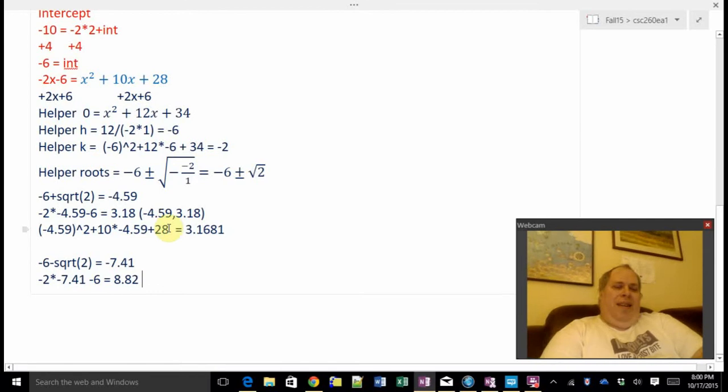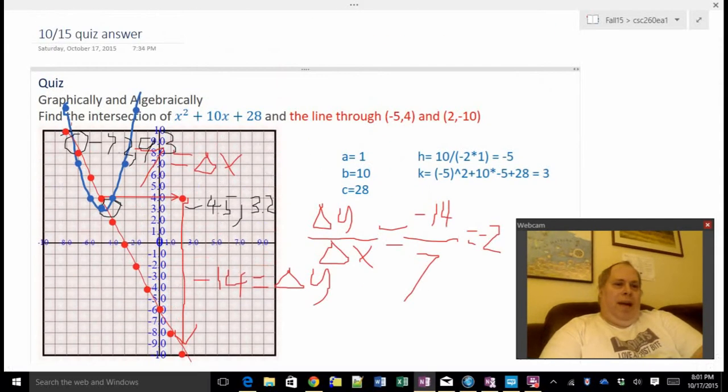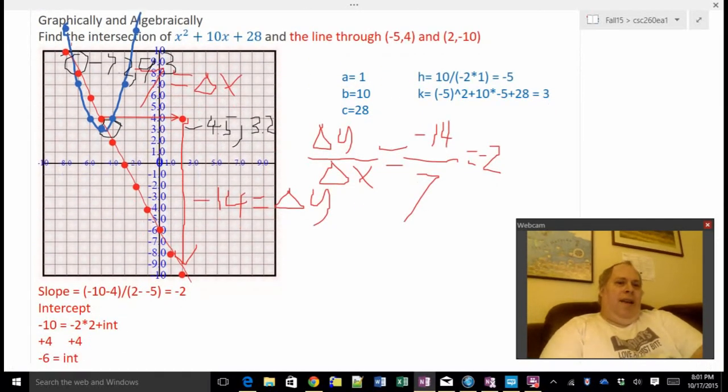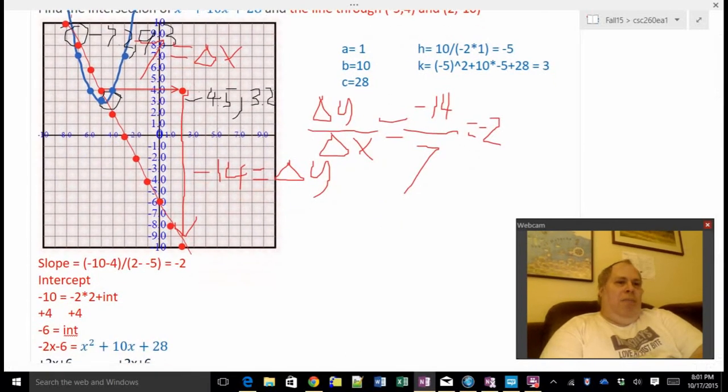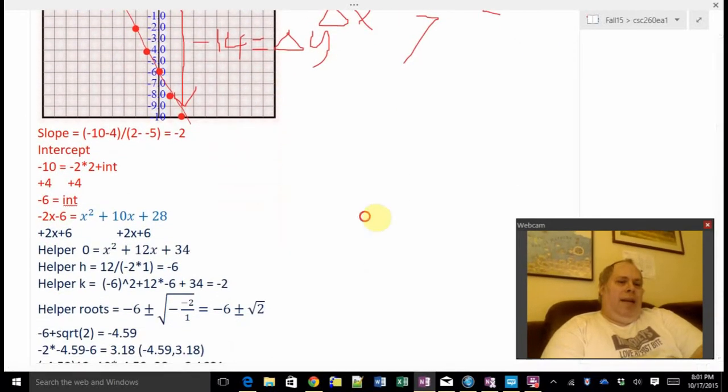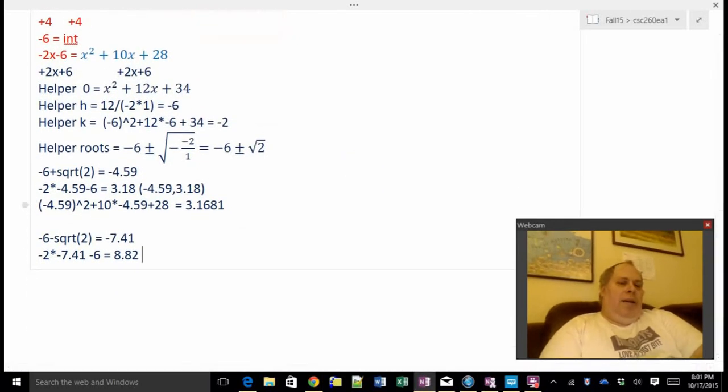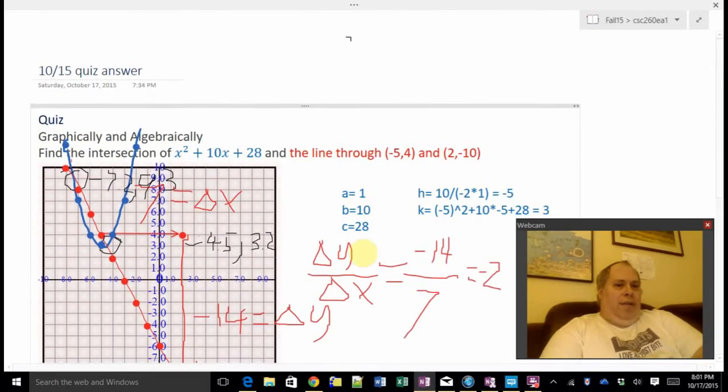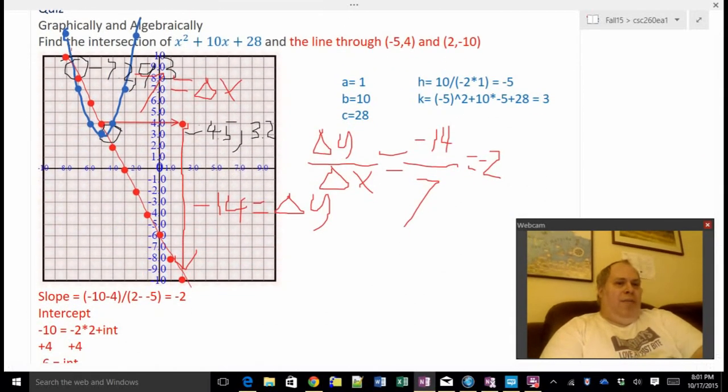Okay, now, if we scroll back, I said negative 7.2, 9.3. This is, by the way, not uncommon. It's a little hard when both lines are moving more or less in the same direction to get the exact answer. But it's fairly close to what is going on. Negative 7.2, negative 7.4.